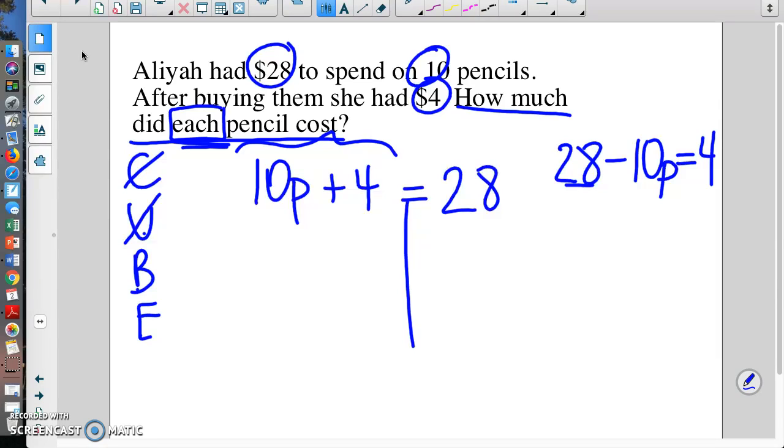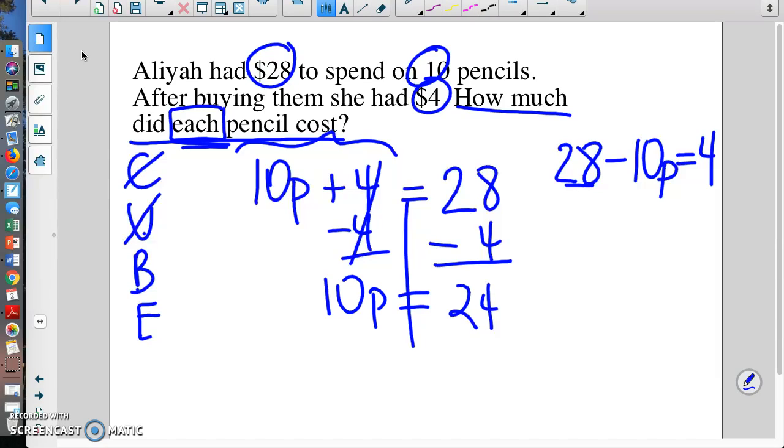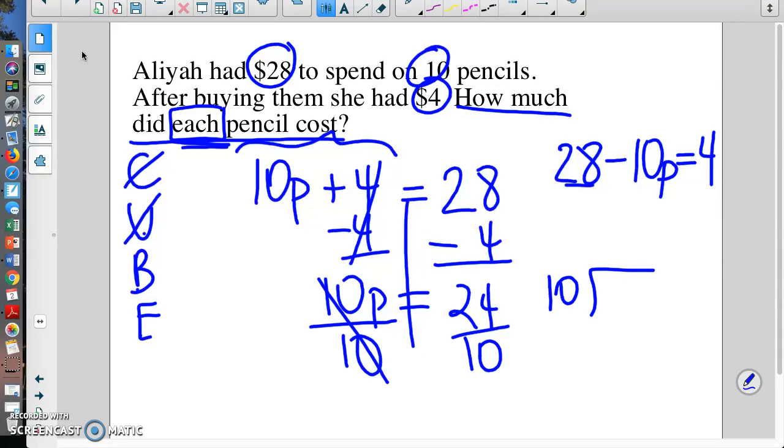So draw our balance line, get rid of your 4. So we do minus 4 to cancel. 28 minus 4 gives you 24. On your equal sign and your 10p, we'll divide by 10 to cancel that multiplying out. And yes, you actually do have to divide this. It's not a perfect even number. 10 goes into 24 2 times, which is 20.